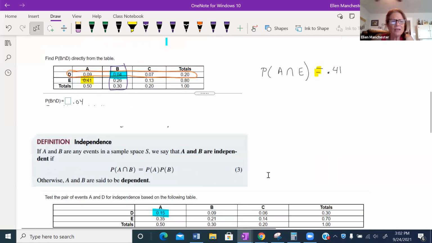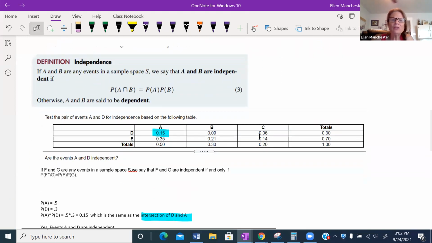All right, next thing is independence. So independence is based on multiplying the two probabilities. If A and B are any events in the sample space, we say that A and B are independent if, when you intersect them, the probability of the intersection is the same as the probability of both of them multiplied.